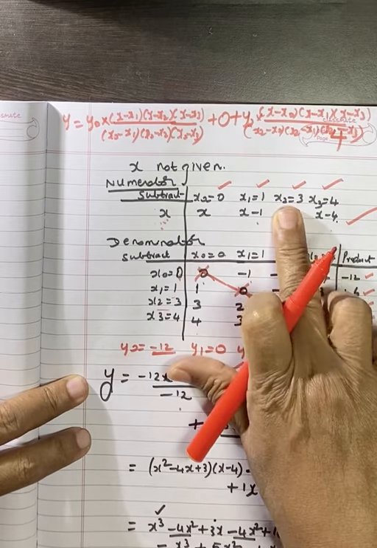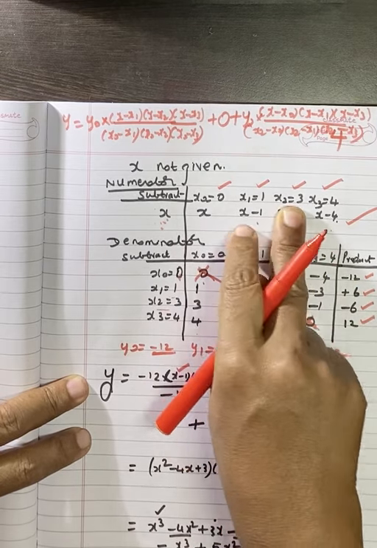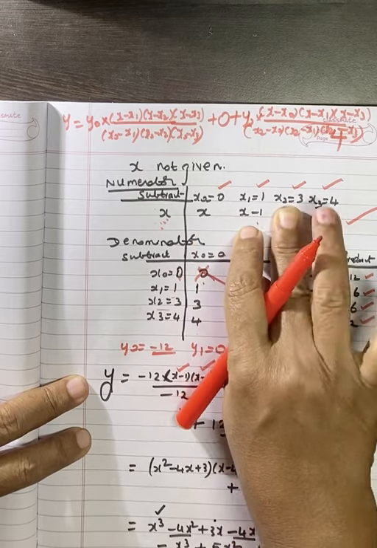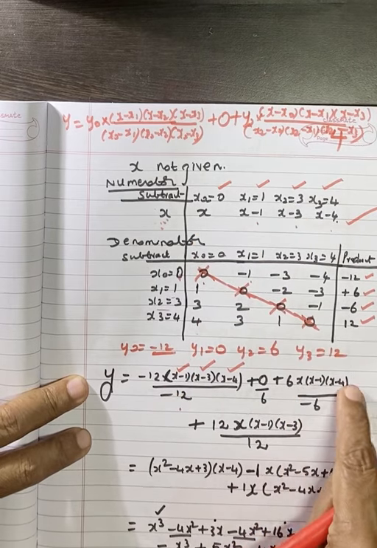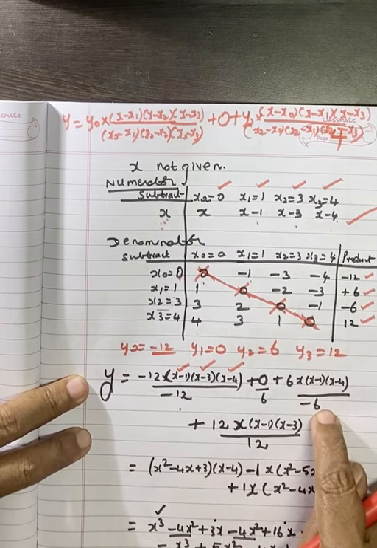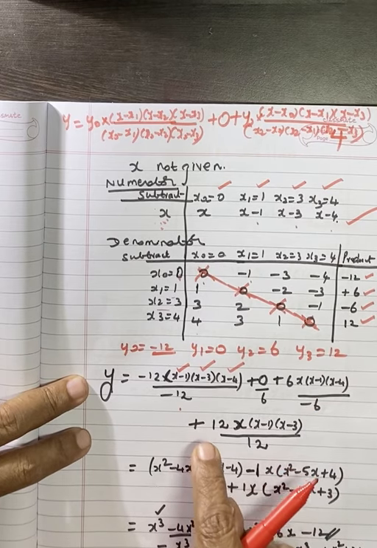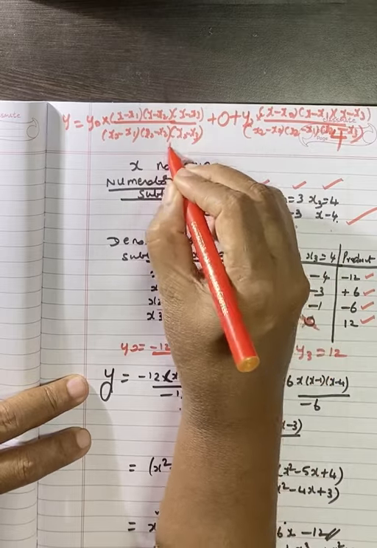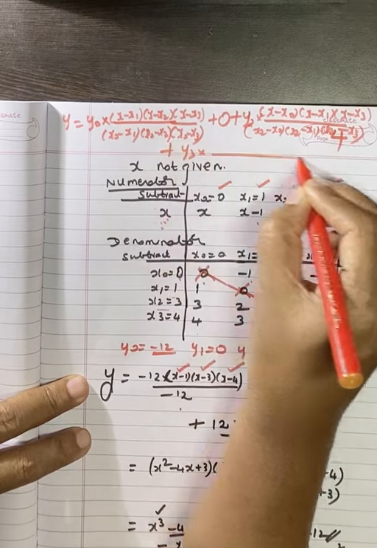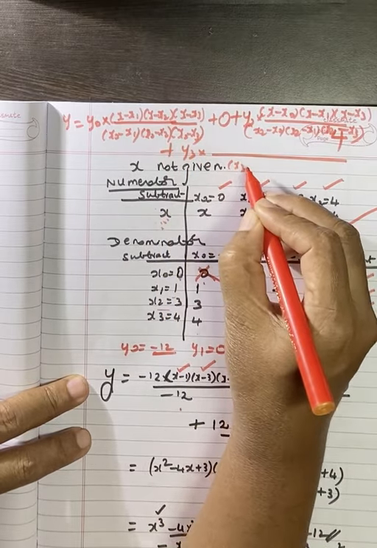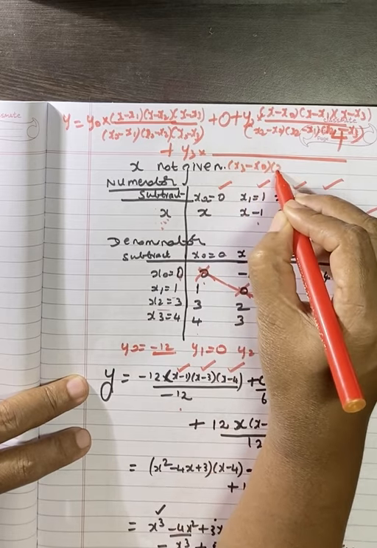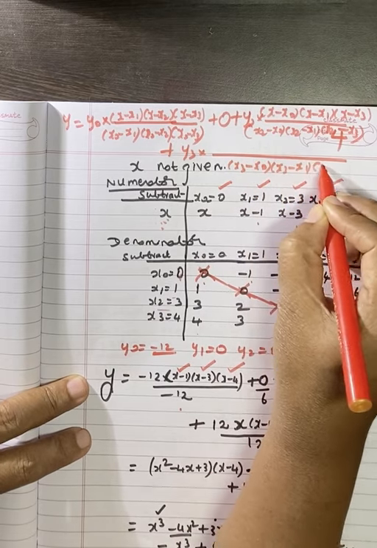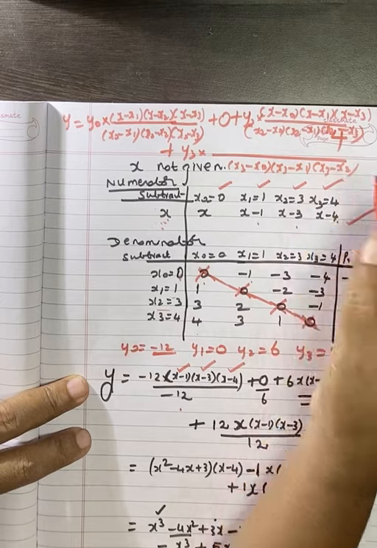Third term means you leave x minus 3. These 3 I must have: x minus 1, x minus 4, divided by minus 6, plus. What is the last one? x3, y3 into denominator x3 minus x0, x3 minus x1, x3 minus x2.